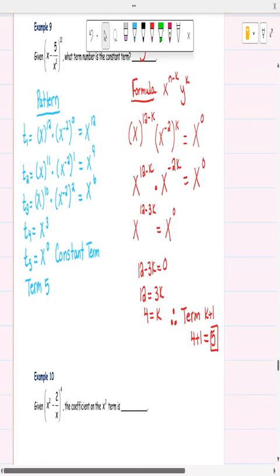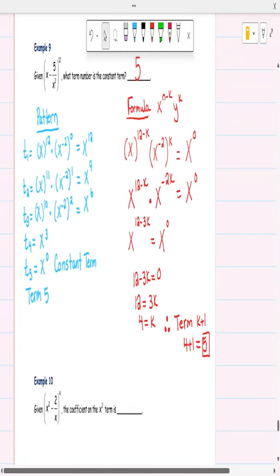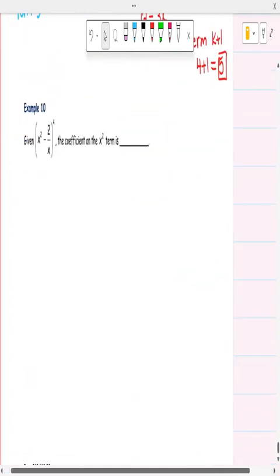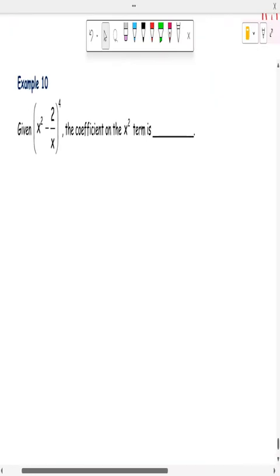So a little bit to think about, guys, today. Do you guys agree that I'm making you think a little bit harder than I did yesterday? Okay. So what I want you guys to do is see if you can get your term or your k for this. Okay, so this one's saying you want the x squared term. Do you guys agree the pattern's a tiny bit more complicated when you have fractions and variables on the bottom?